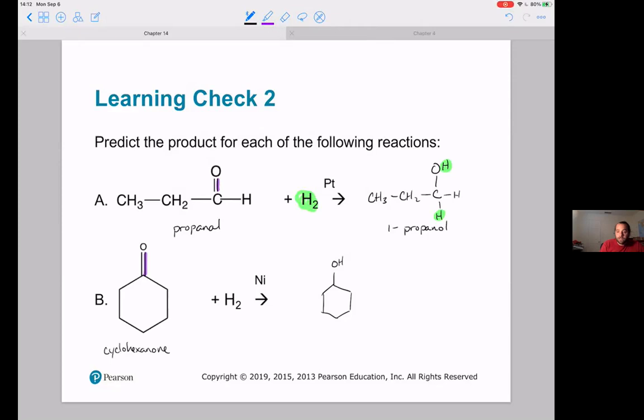Notice that in our bond line structure, it's pretty easy to see this hydrogen, but where's the other one? Well, remember, we don't always draw all of our hydrogens in our bond line structure. So it's here, it's just kind of implicitly drawn. You don't draw it explicitly like that, but nonetheless. And this would be cyclohexanol.